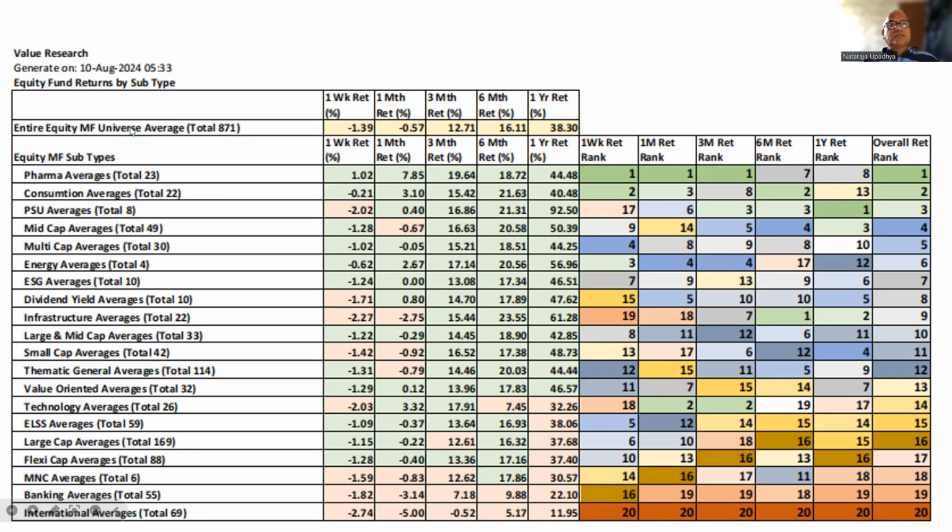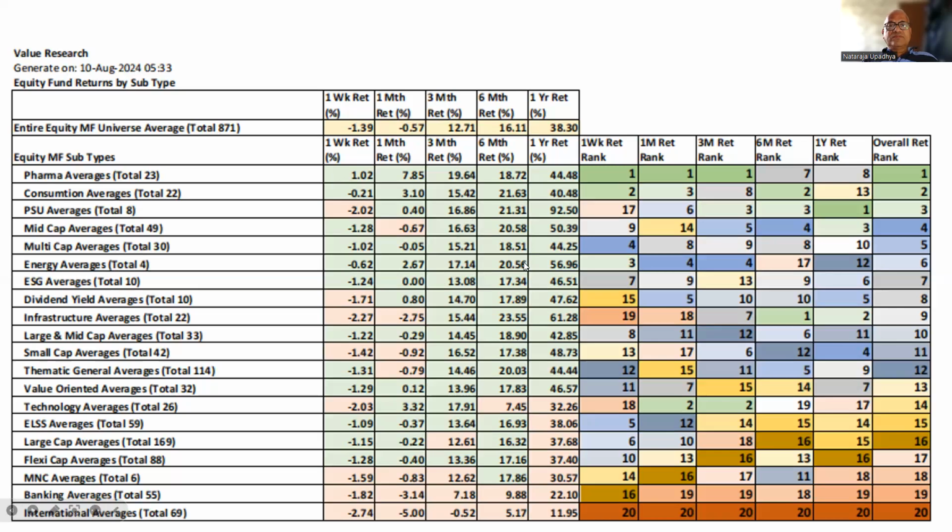For the entire equity mutual fund universe of 871, the averages are given here in amber color. Averages below these amber averages are shown in red, and those above are shown in green.